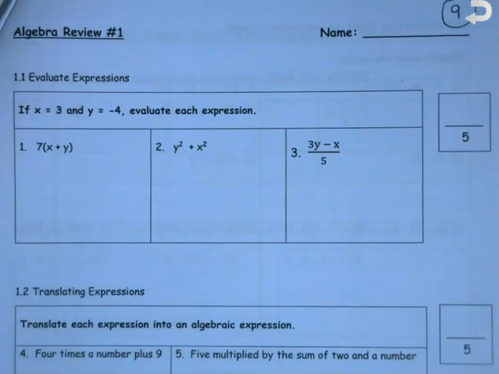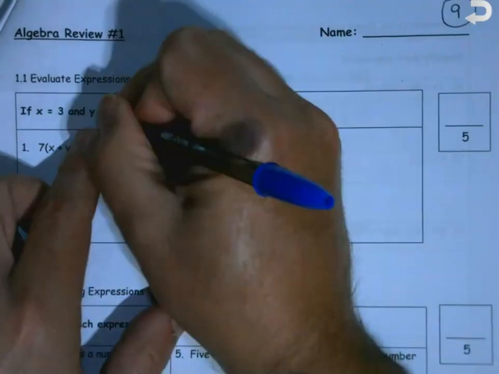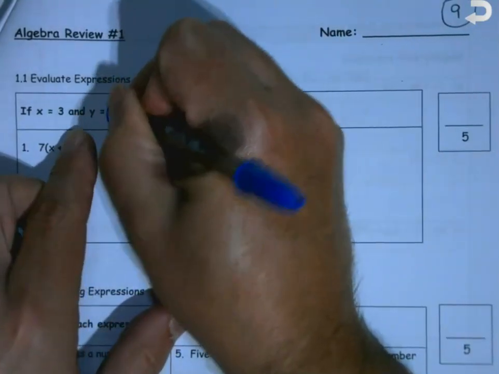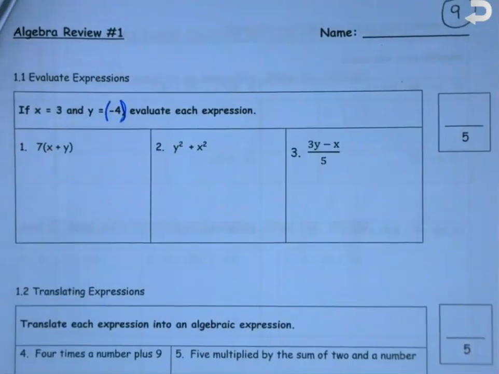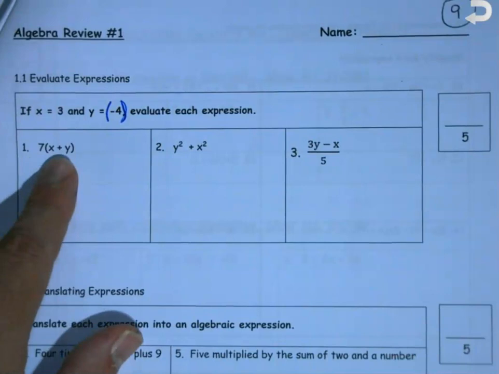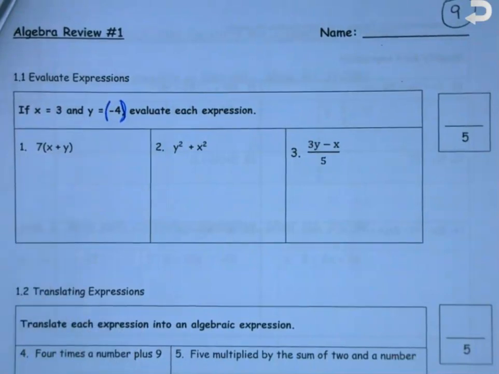So 1-1, evaluating expressions. With x equals 3 and y equals -4, evaluate each expression. I'm going to do this right on here. I'm still a big fan of parentheses around stuff like that and working that through. So when we are going through here, number 1 is 7 times x plus y. Now, here's an interesting thing to ponder.